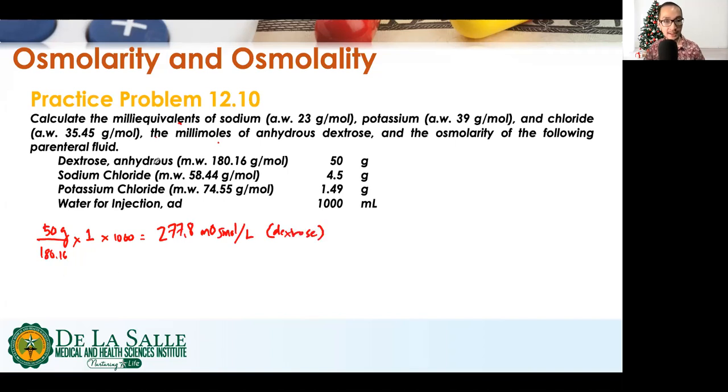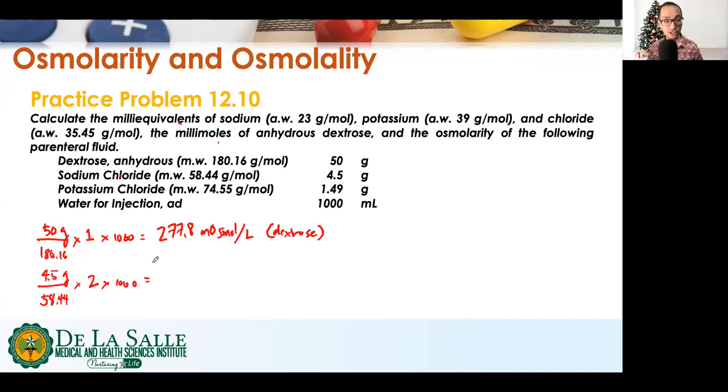Next, how about sodium chloride? Sodium chloride, 4.5 grams. This time I will be using the formula. You will notice something surprising. 4.5 grams of sodium chloride divided by the molecular weight, 58.44, times the number of particles, 2, since sodium chloride has two particles, sodium and chloride, times 1,000.